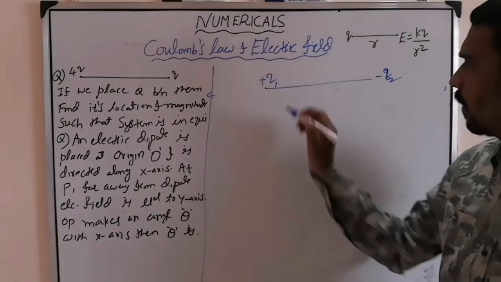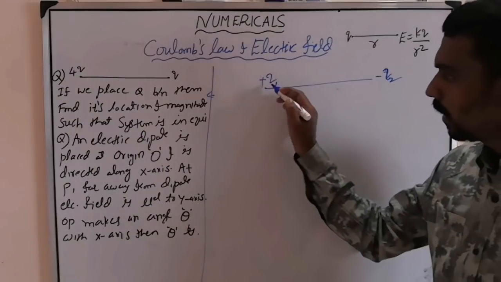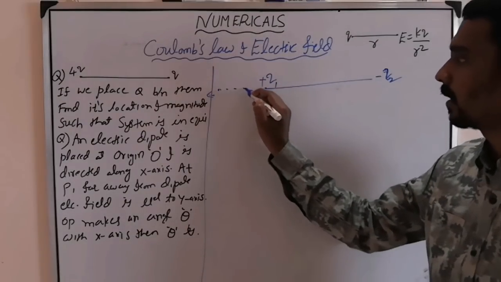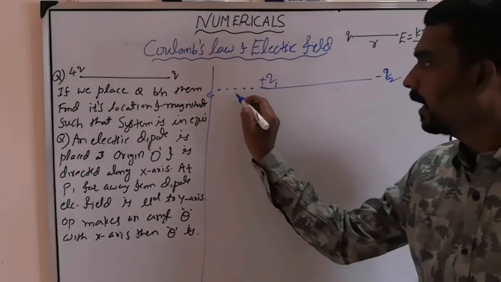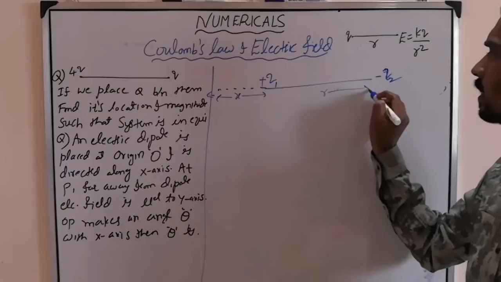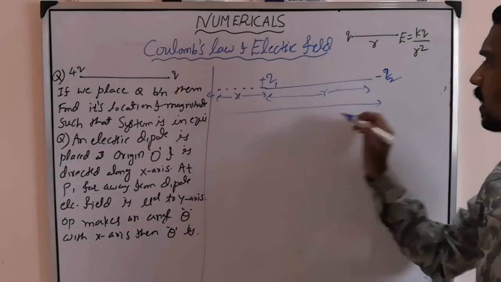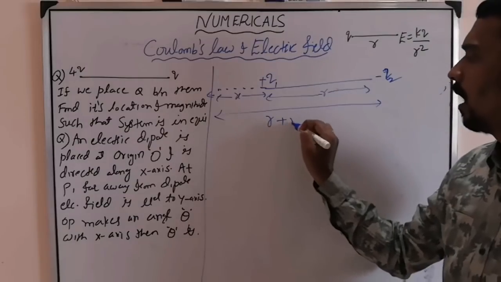So I said you have to take the point this side or this side. If Q1 is smaller, you will take the null point here, at a distance x from Q1. And this is the distance between the two charges. Then what is the distance of the other charge?